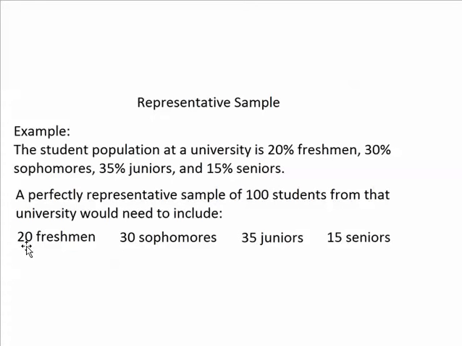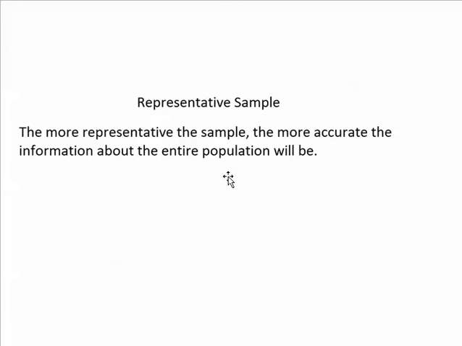Now, if these percentages were way off, like 90 freshmen, 2 sophomores, 5 juniors, and 3 seniors, that would be a highly unrepresentative sample because the mixture of the sample would be way off from the mixture of the population. So no sample is perfectly representative, but you want your sample to be as representative as possible because the more representative your sample is, the more accurate your conclusion about the population will be.